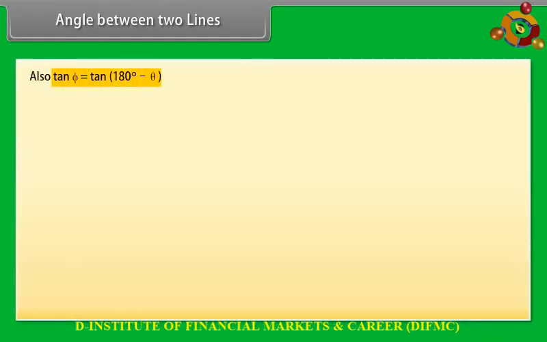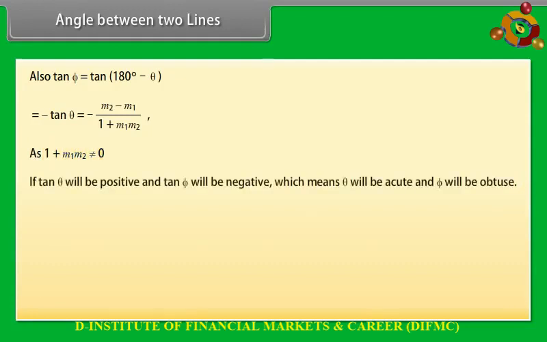Also, tan phi is equal to tan of (180 degrees minus theta), which is equal to minus tan theta, which is equal to minus (m2 minus m1) divided by (1 plus m1 m2), as 1 plus m1 m2 is not equal to 0. If tan theta is positive and tan phi is negative, it means theta will be acute and phi will be obtuse.